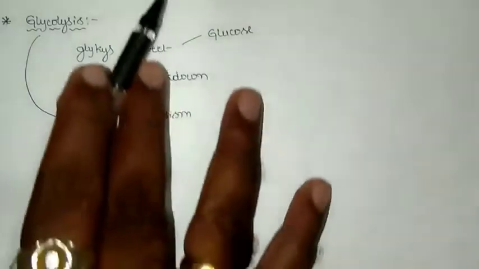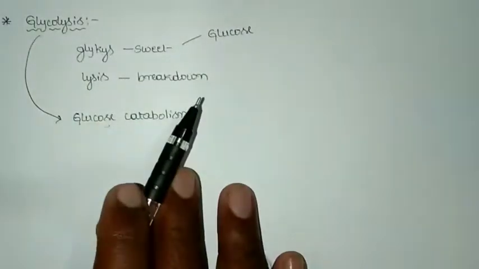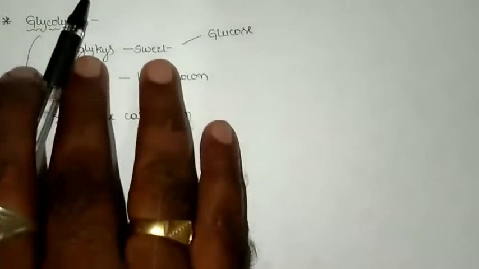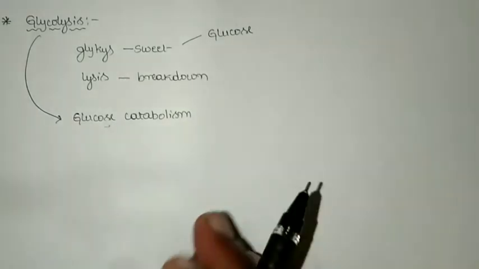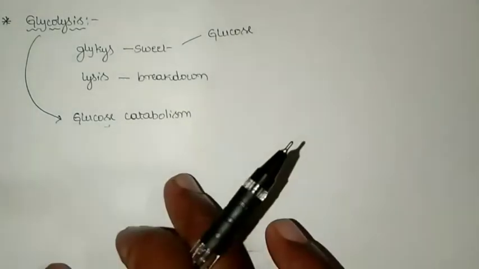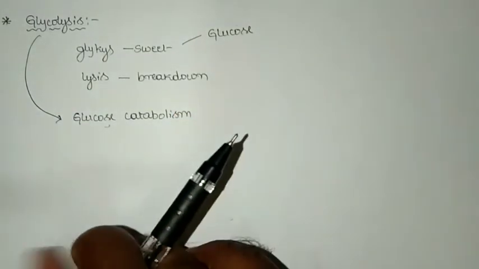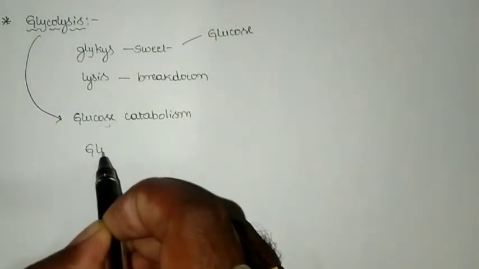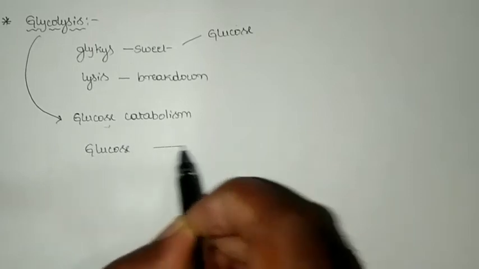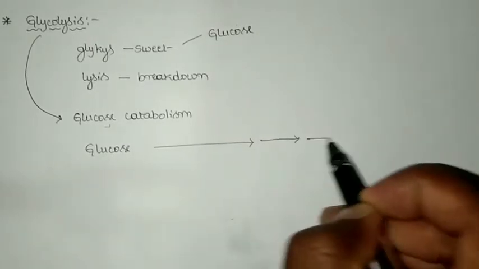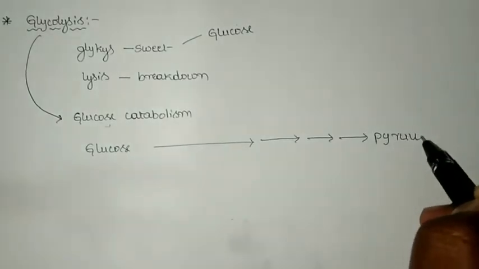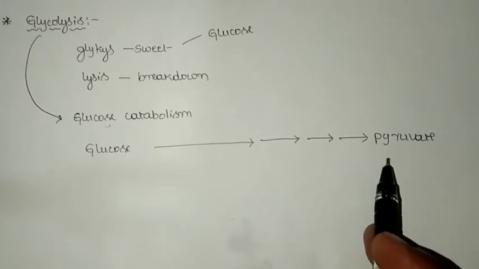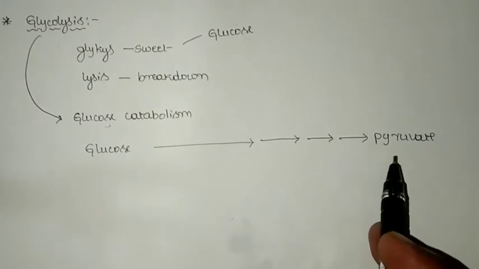If you go with a peripheral idea of glycolysis, one molecule of glucose will be degraded to give a 3 carbon atom molecule called pyruvate. So in glycolysis, glucose will be changed to produce pyruvate.